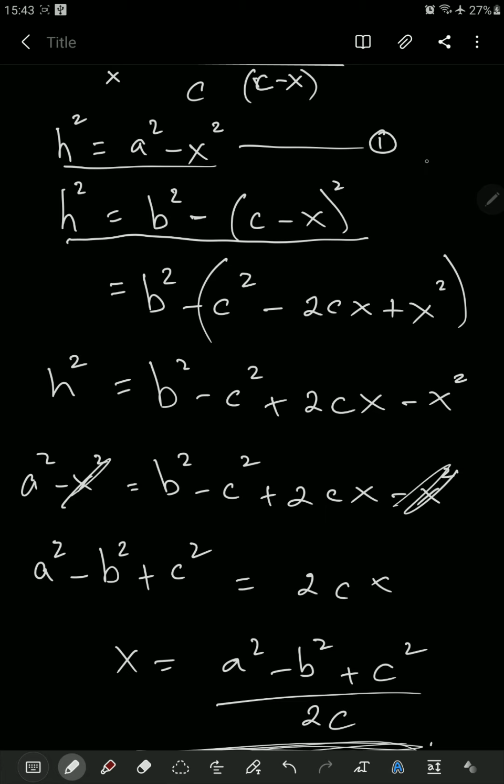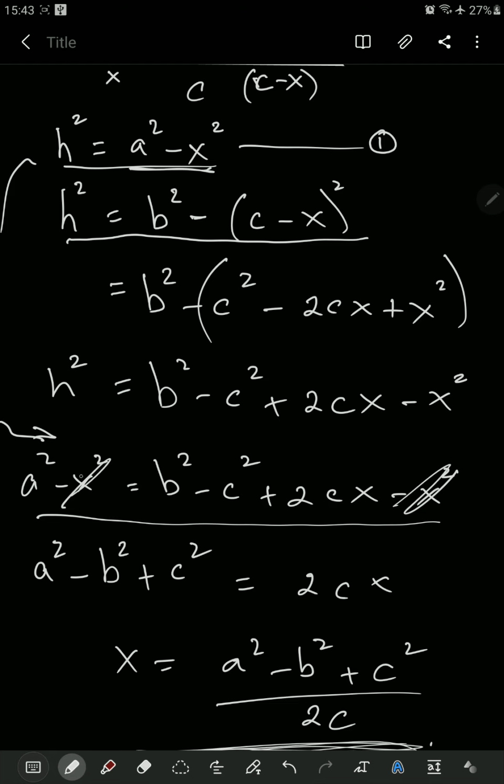Now noting from equation 1 up here, h squared is equal to a squared minus x squared, so we can simply put that in here. So we have a squared minus x squared equals b squared minus c squared plus 2cx minus x squared.